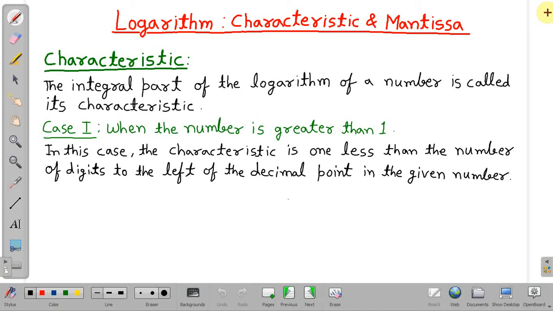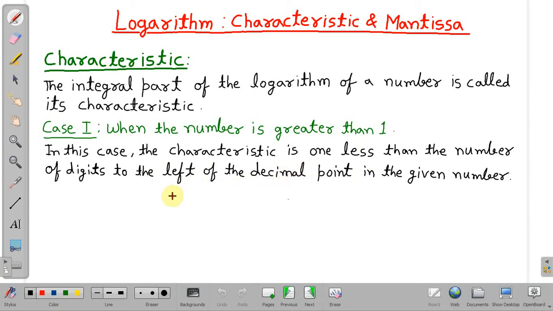In the case when the number is greater than 1, the characteristic will be equal to 1 less than the number of digits to the left of the decimal point of the number. So we see the number, then we find the number of digits to the left of the decimal point and then reduce it by 1.